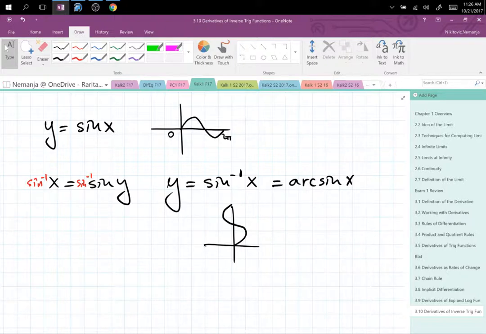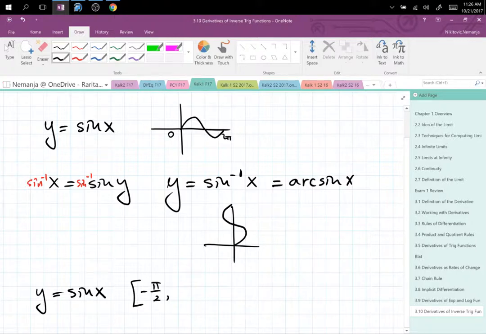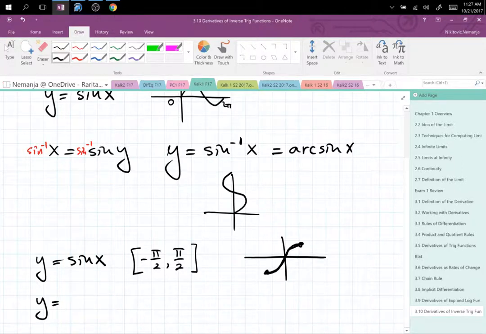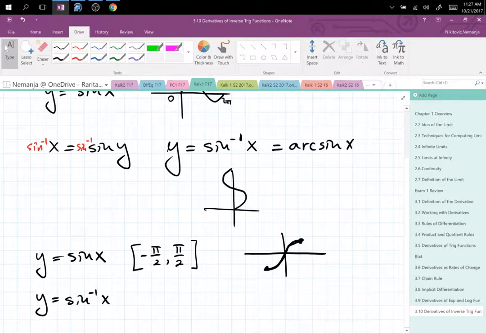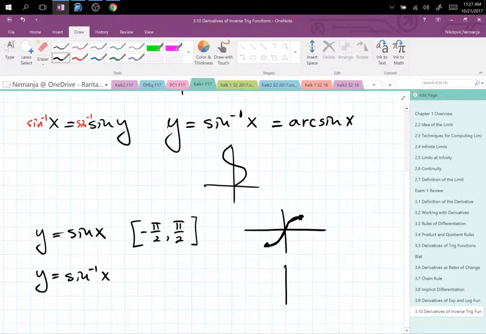So what we do is we restrict the domain. When you go y equals sine x, you restrict the domain from negative pi over 2 to positive pi over 2, and that will give you the squiggle like this. Now this passes the horizontal line test, and the inverse on the restricted domain would look like this.